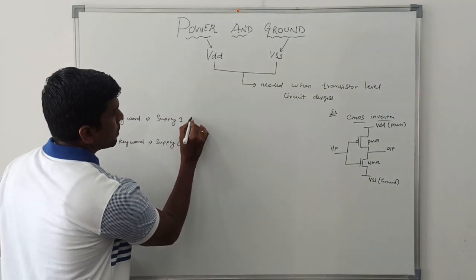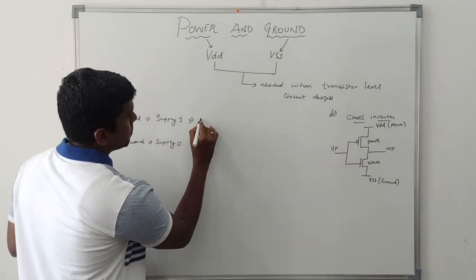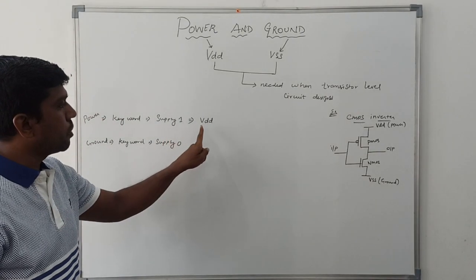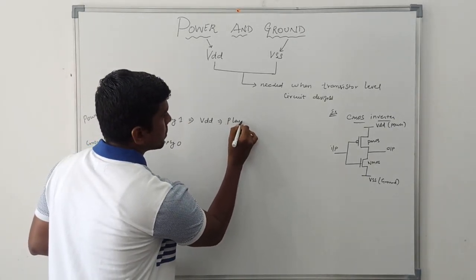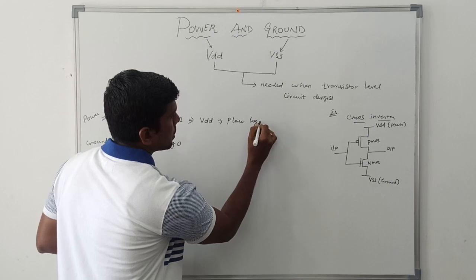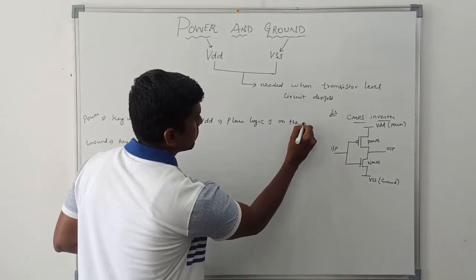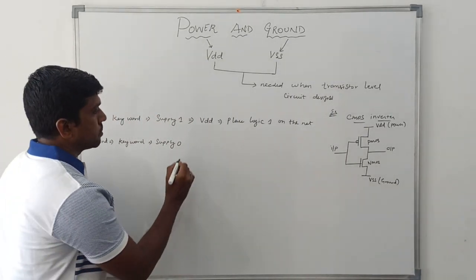So the sources of supply 1 are equivalent to VDD and place logic 1 on the net.